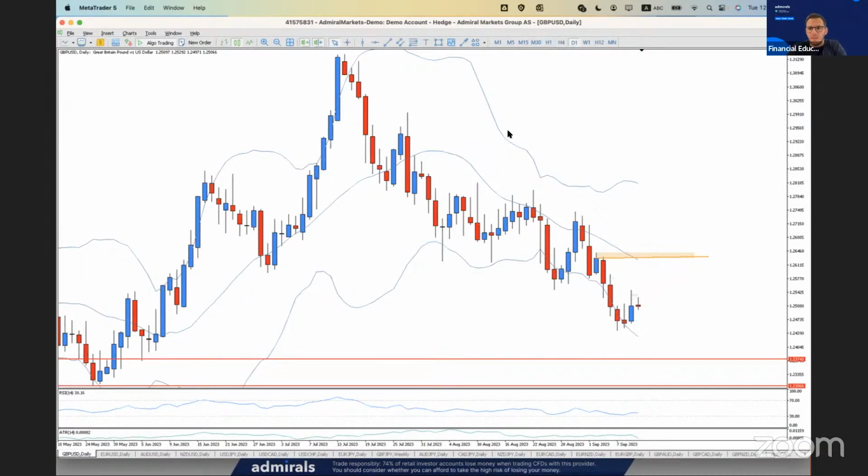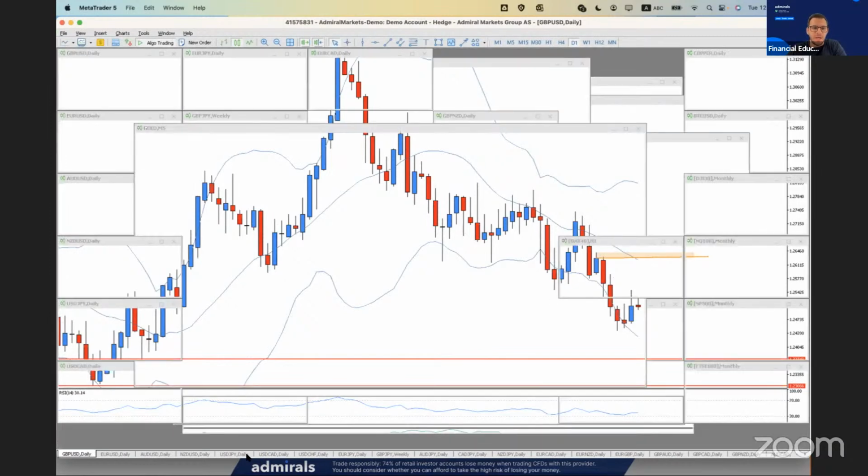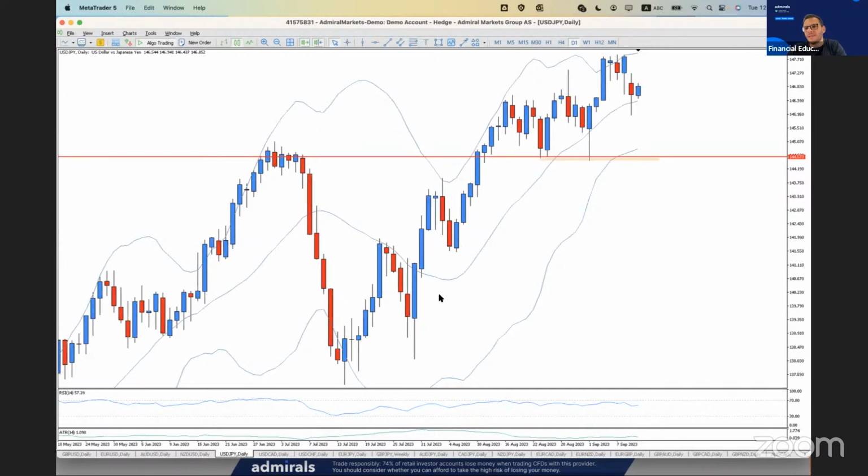Because you need to put attention and effort to think and try to remember how the market behaves. Each currency pair has a different character. USD JPY, for example, has a totally different character than the Australian dollar, US dollar.